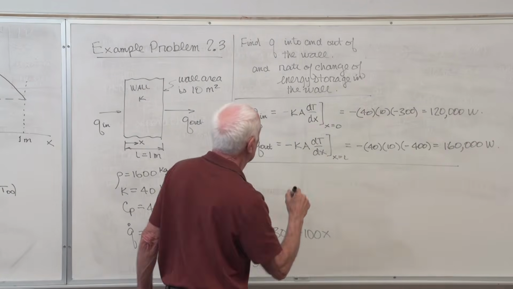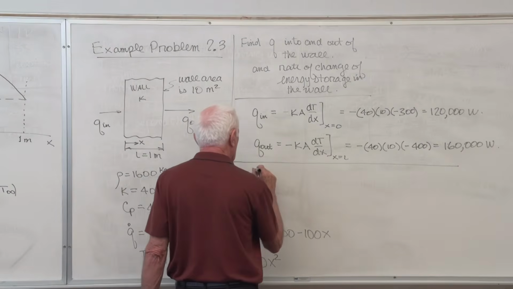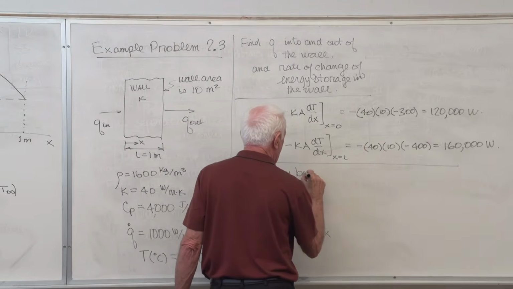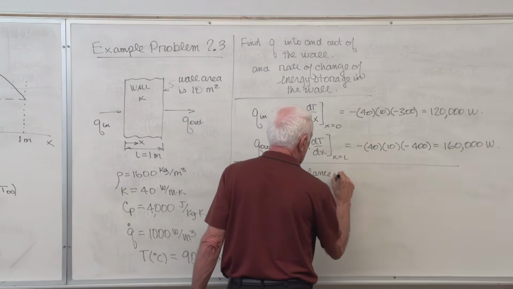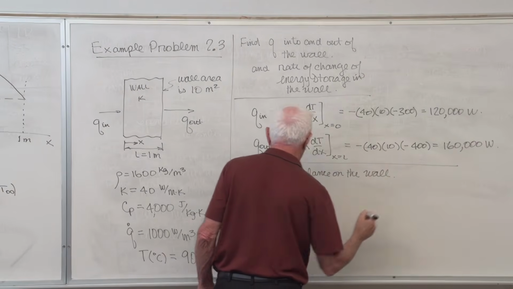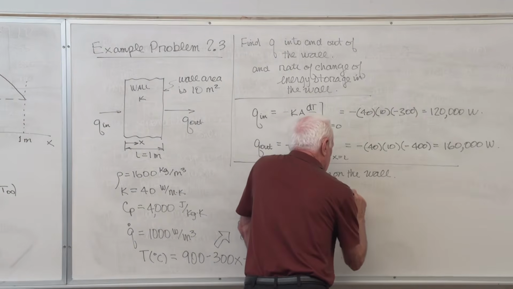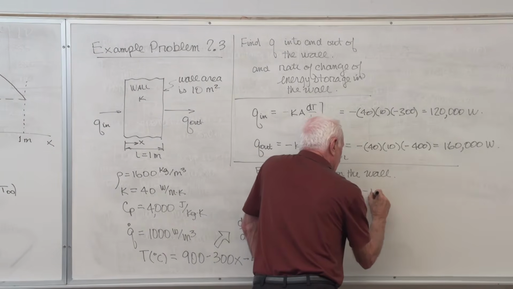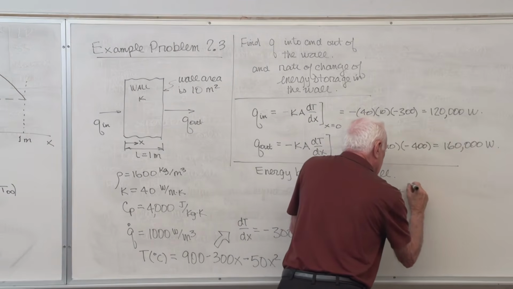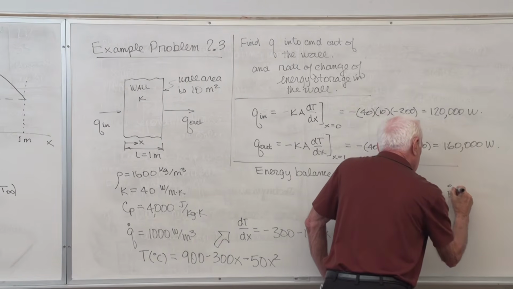Okay, the rate of change of energy storage in the wall. Chapter 1, energy balance on the wall. Okay, I'll put it right here. E dot in minus E dot out plus E dot gen equals E dot storage.